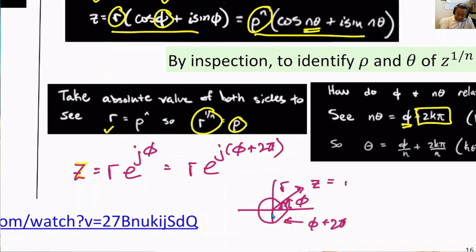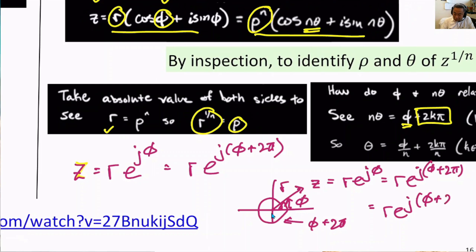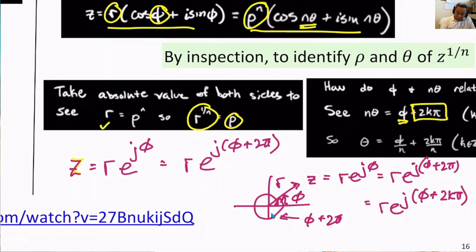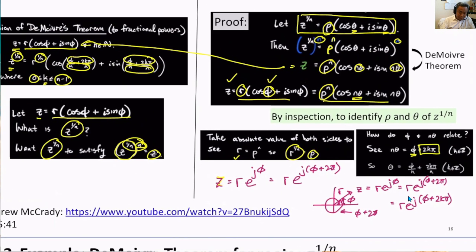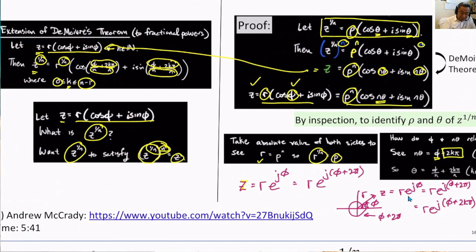So z equals r e^(j phi) equals r e^(j(phi plus 2 pi)), or in fact equals r e^(j(phi plus 2k pi)), where k is an integer. So since we now get n theta equals phi plus 2k pi, theta is equal to phi plus 2k pi, divided by n.